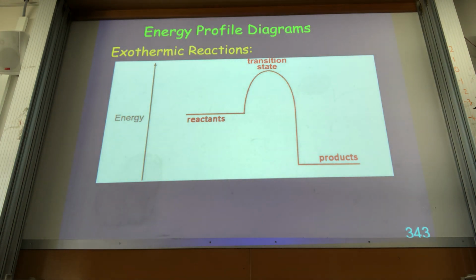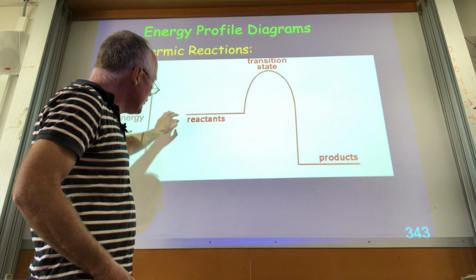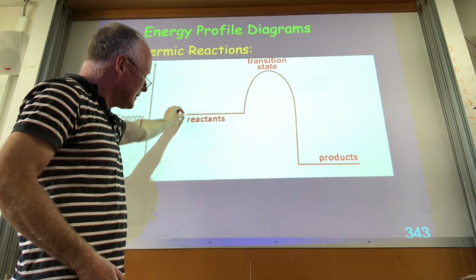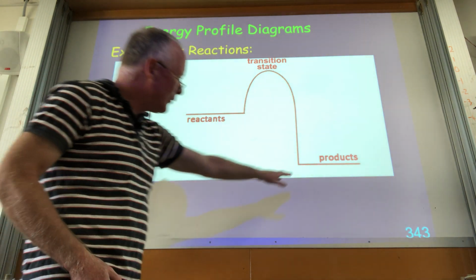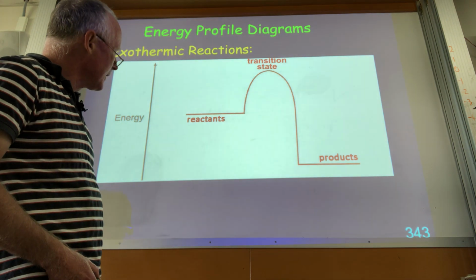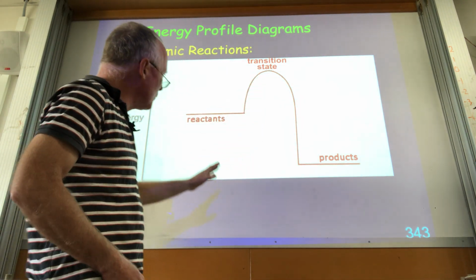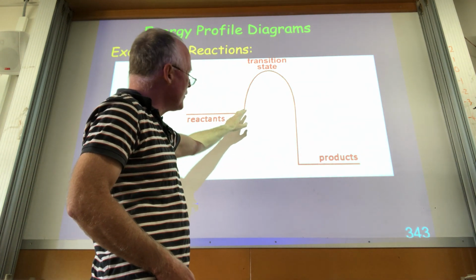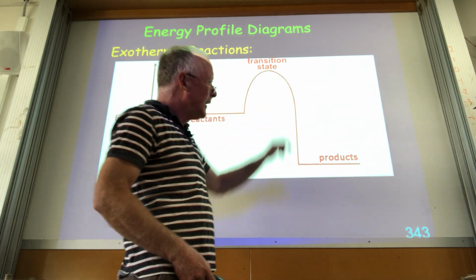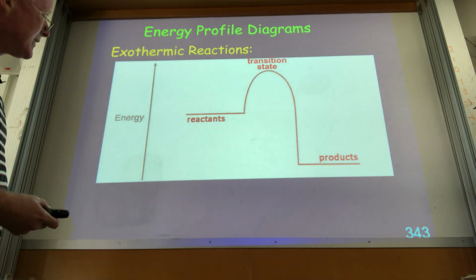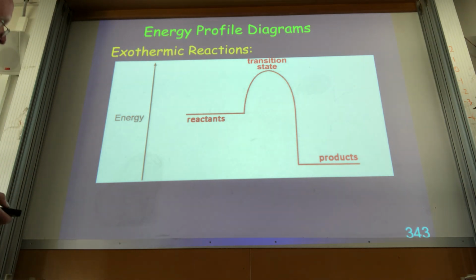So let's put it together into some energy profile diagrams. Diagrams that have a couple of features. We've got the initial level of the reactants, the final level of the products. Then in between that is the transition state. That's what happens when the bonds in the reactant molecules break and we get that activated state ready for the new bonds to form.